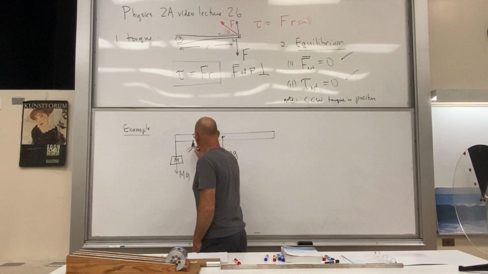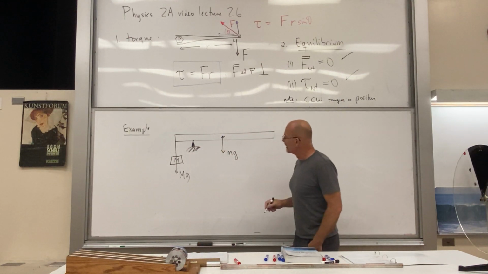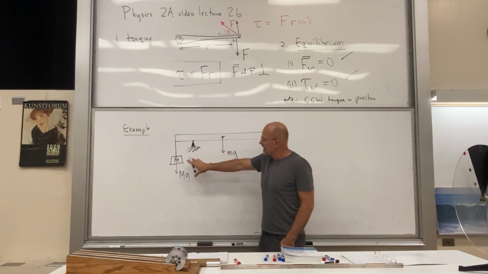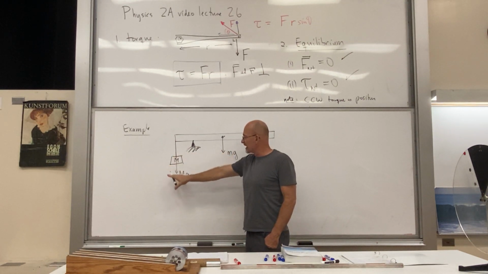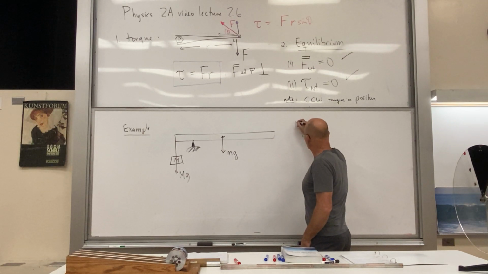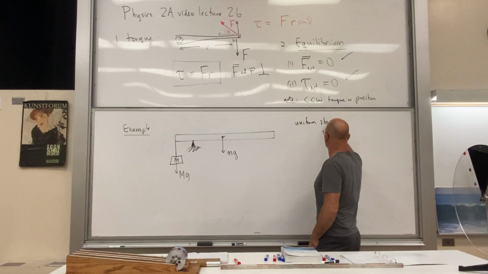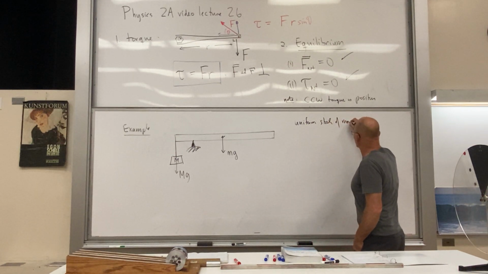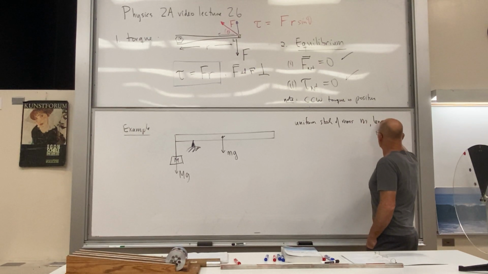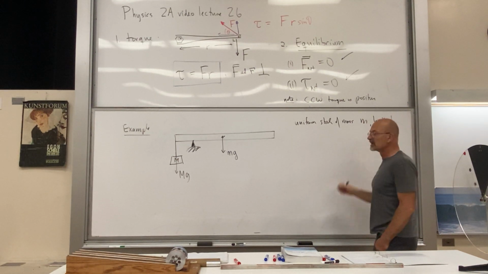So this thing is on a support, and it's balanced. The stick has a mass, lowercase m. The weight that we're hanging from the end, uppercase M. And we'll say we have a uniform stick of mass m, length capital L.